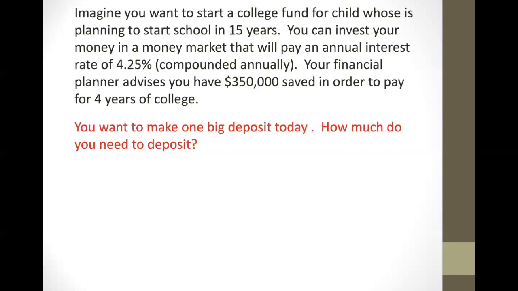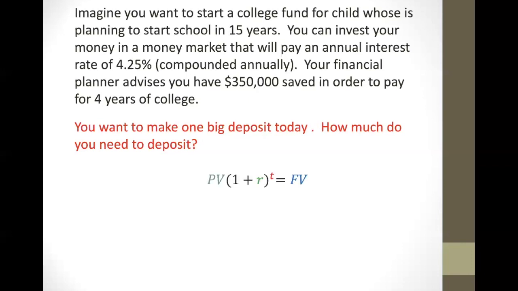And you can invest your money. We're going to invest in a money market that has an annual interest rate of 4.25%, compounded once a year. So if hypothetically, you were going to create this account by making one deposit today and then just letting it accrue interest for 15 years, what would that deposit need to be?